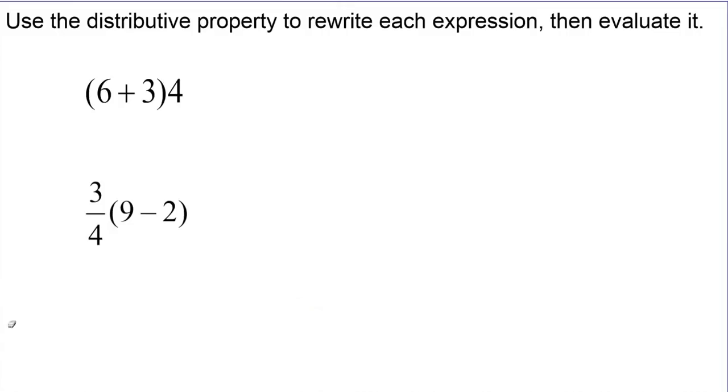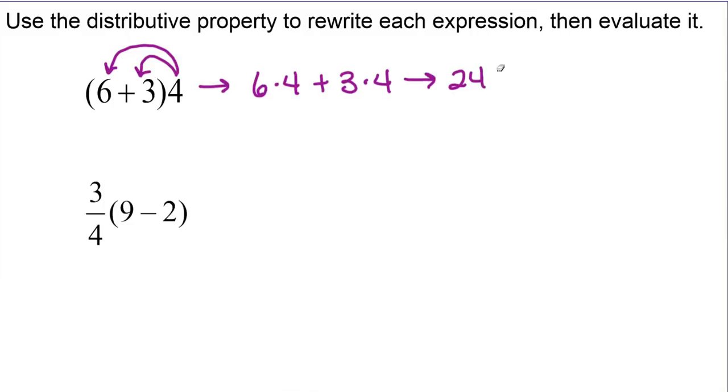So let's take a look at a couple more examples of rewriting numerical expressions using the distributive property. Now we're not going to add first because we want to practice the distributive property here. So I can take everything in this sum times 4 first, and then find the sum. So that gives me 6 times 4 plus 3 times 4, which is 24 plus 12, or 36.